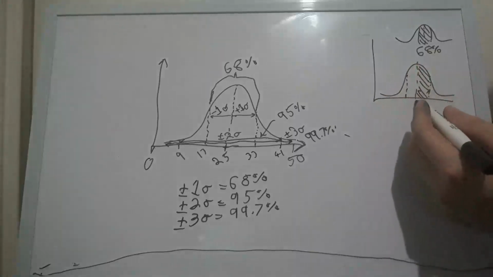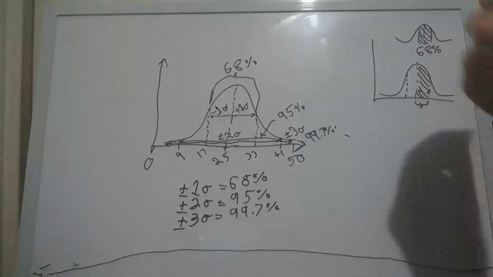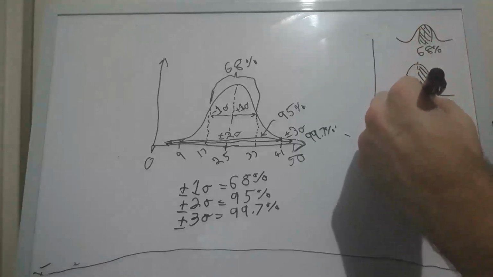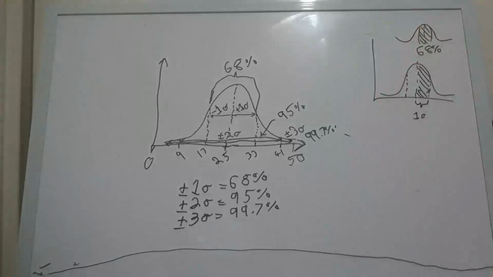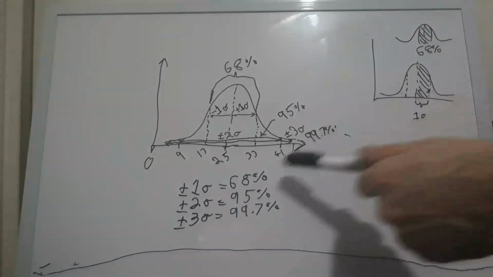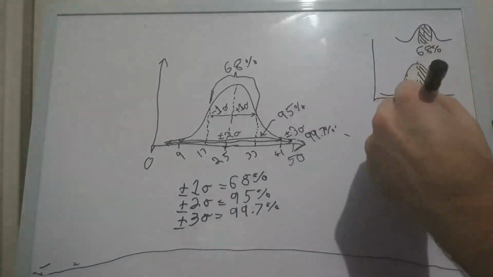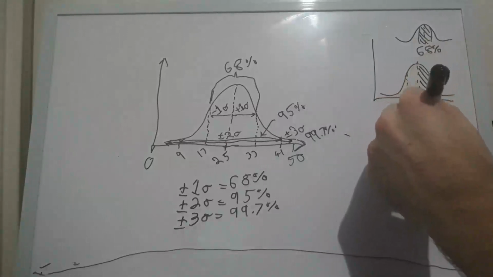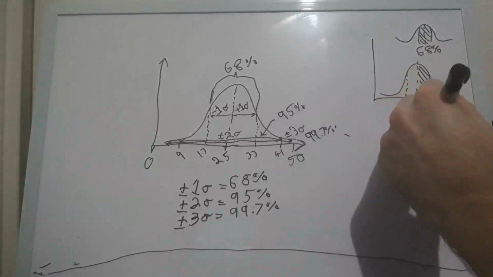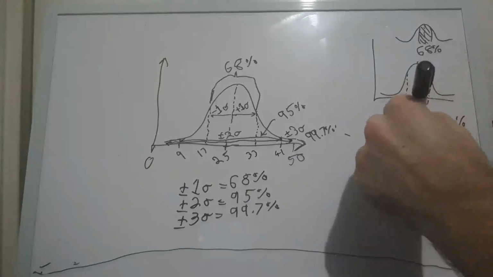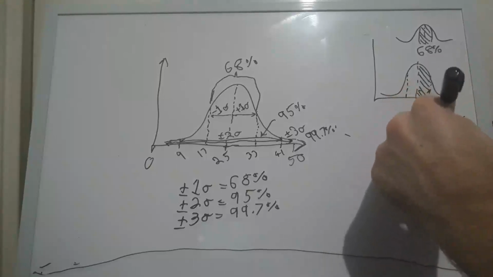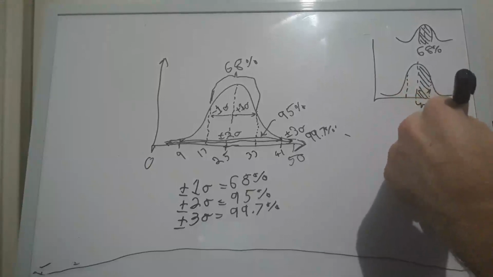So from the median to one standard deviation on the right side, that should be half of that. So that should equal half times 68%, which will give you 34%.